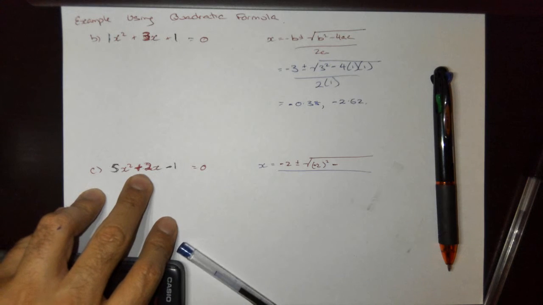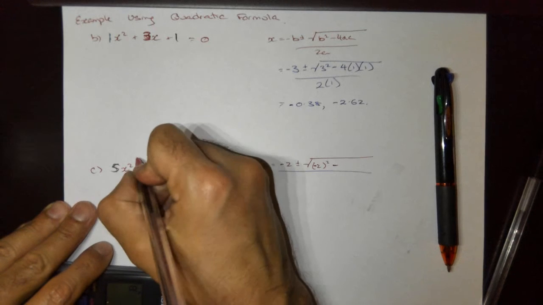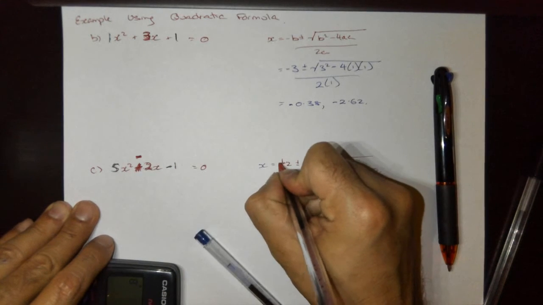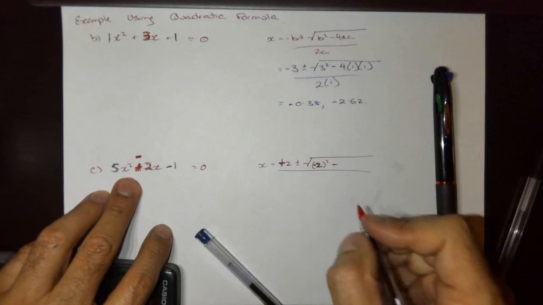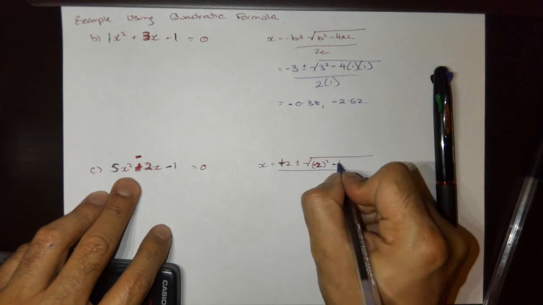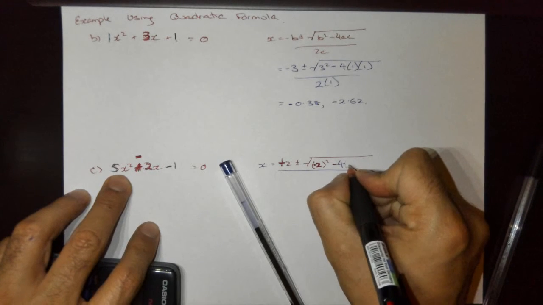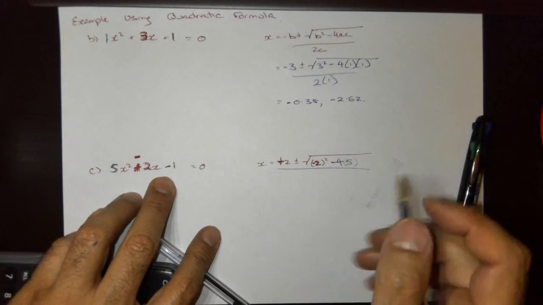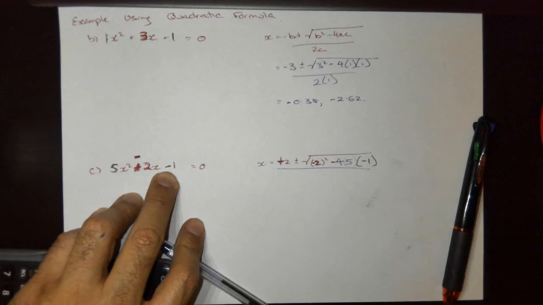Minus, why don't we do that? Why don't I do an example where this is negative? Okay, so I'm going to change that. So positive 2, negative 2 squared minus 4 lots of A and C. Notice the C is negative 1, so you must put that negative 1 there.